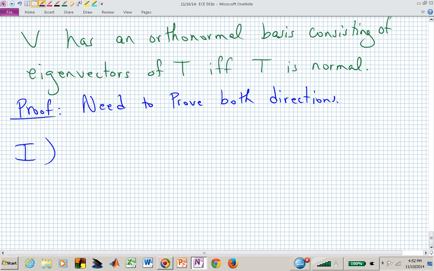For the first half of the proof, let's assume that we're starting with an orthonormal basis.